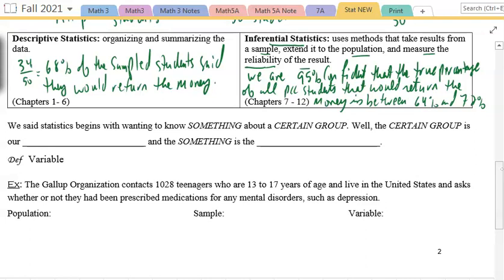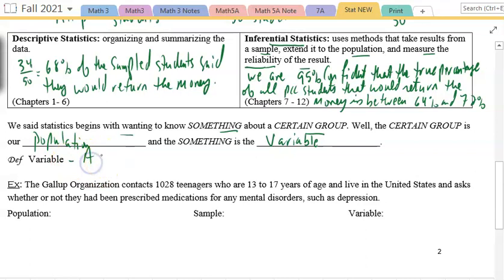We said statistics begins with wanting to know something about a certain group. Well, the certain group is our population. And the something is our variable. That's what we're trying to figure out. So what's a variable?